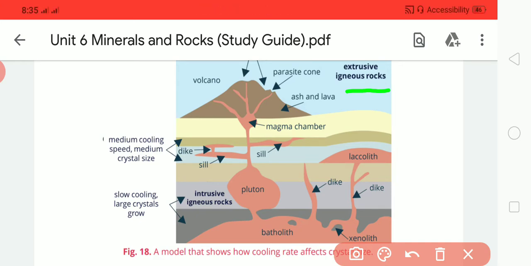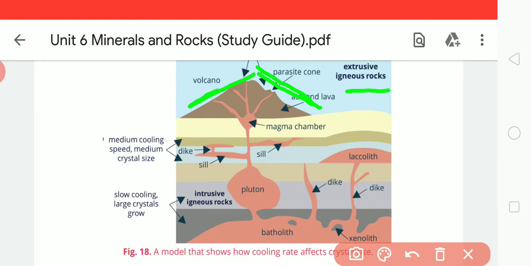So that means nakagawas siya during a surface, and in this surface the magma cools down, hence the word extrusive. So that means nakagawas siya sa surface sa isa ka volcano.